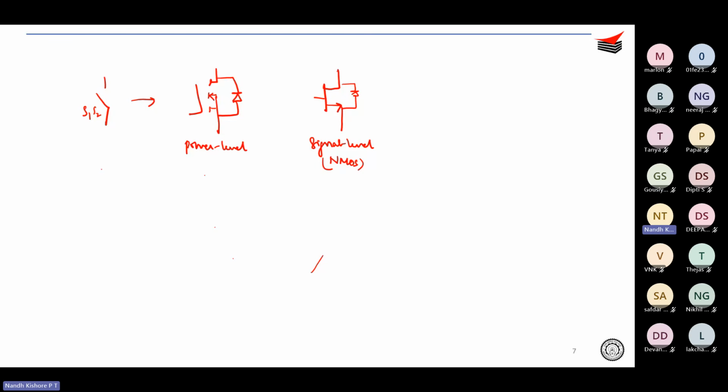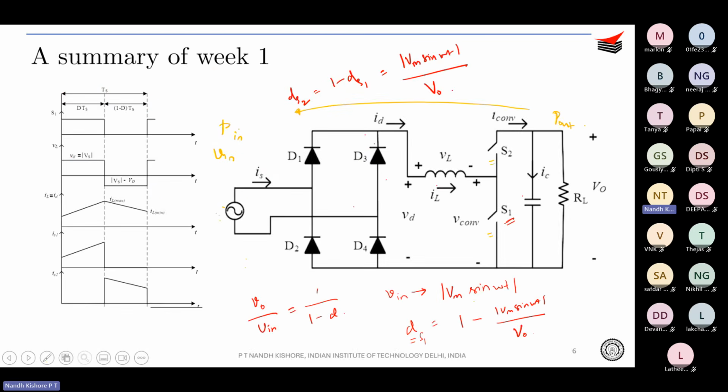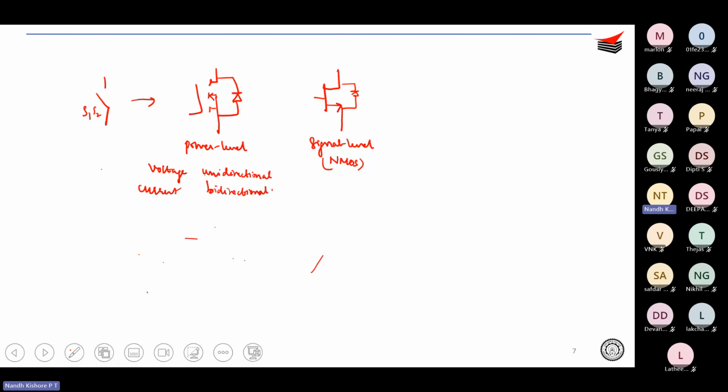But in power electronics, you see that this is basically a voltage unidirectional, but current bidirectional device. I can have current flow both from the drain to source as well as from source to drain.